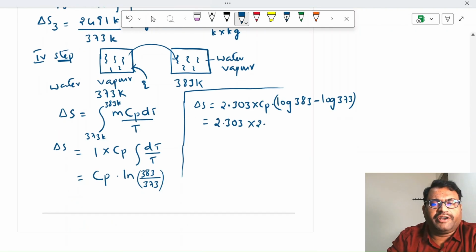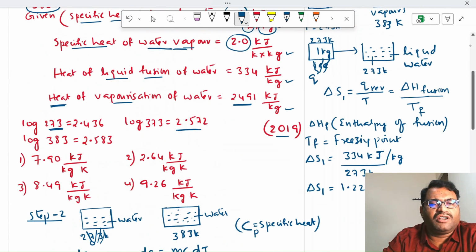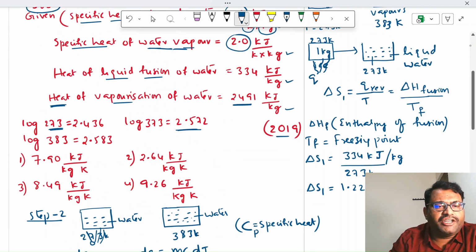Into 2.0, log 383 minus log 373. In the question already given, what is log 383? 2.538.